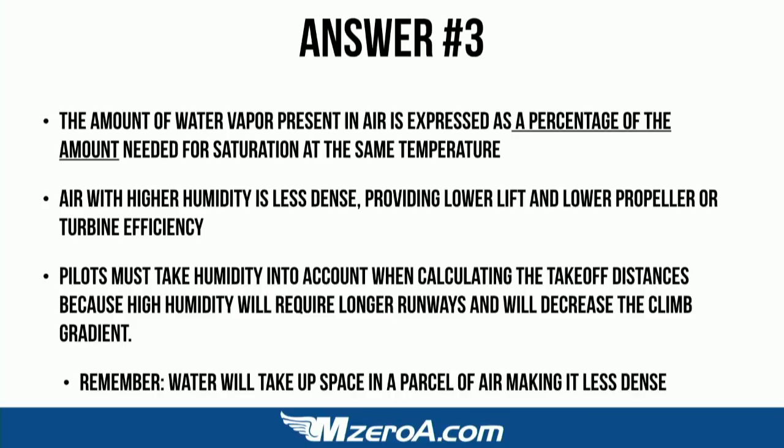Air with higher humidity is less dense, providing lower lift and lower propeller or turbine efficiency. Pilots must take humidity into account when calculating the takeoff distances because high humidity will require longer runways and will decrease the climb gradient. Remember, water will take up space in the parcel of air, thus making it less dense.